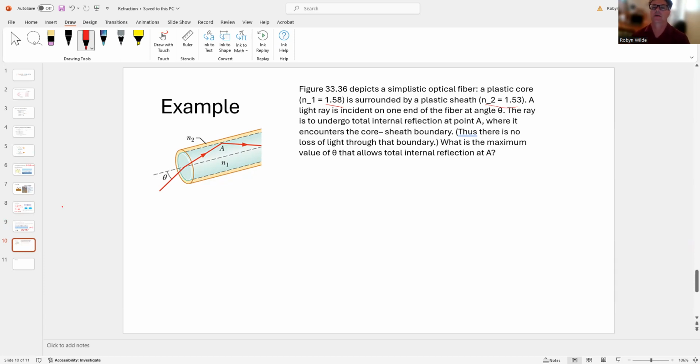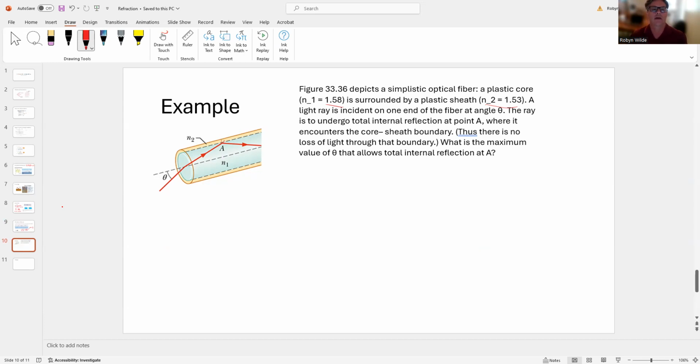The question is, at point A, where it encounters the core-sheath boundary, the ray is going to undergo total internal reflection. There's no loss of light out into the sheath. What is the maximum value of this incident angle that allows total internal reflection at A? The first thing we need to find is the critical angle.